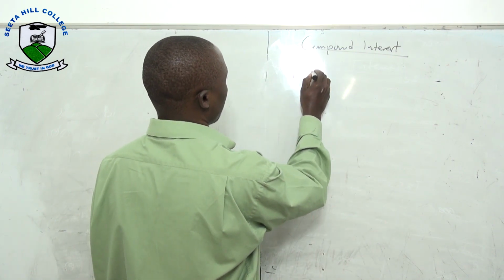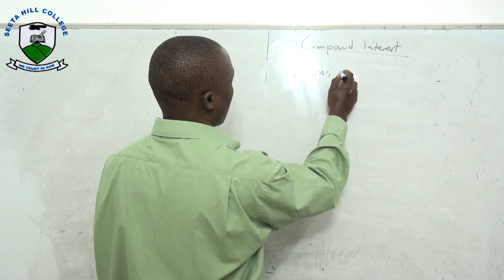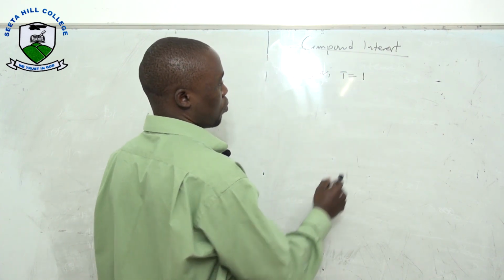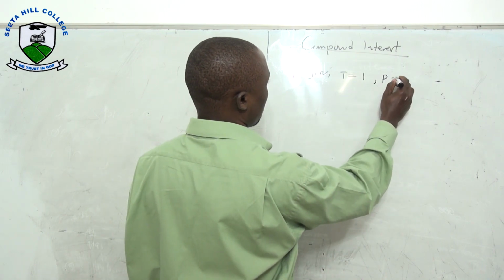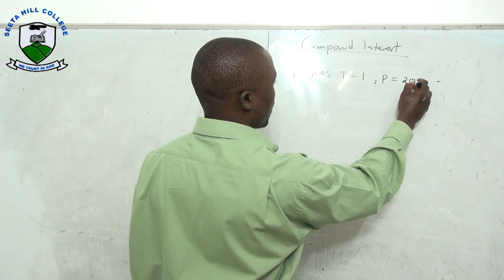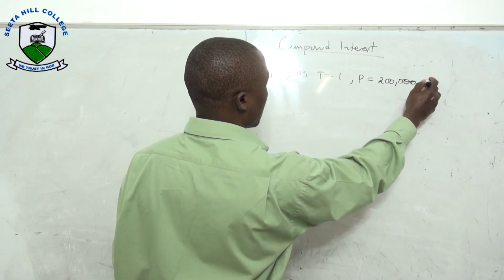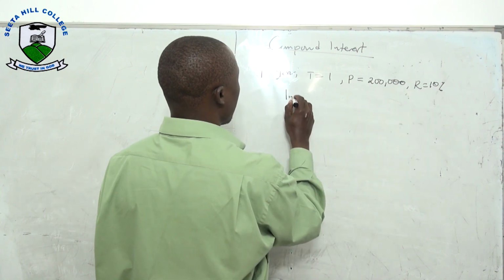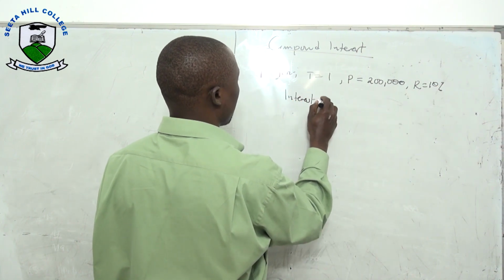First year, T is 1. What is the principal here? 200,000. What is the rate? 10%. What is the interest there?